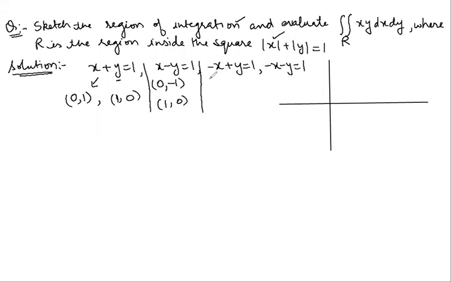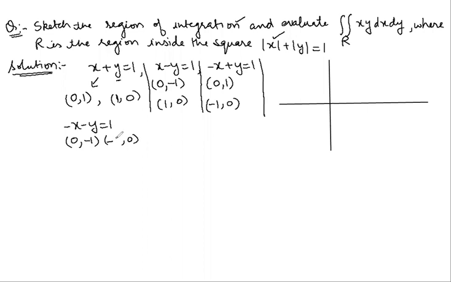Third line, when x is 0, the value of y will be 1, and when y is 0, the value of x is minus 1. And similarly here. Okay, this is minus x minus y is equal to 1. So for this, when x is 0, y is minus 1, and when y is 0, x is minus 1.